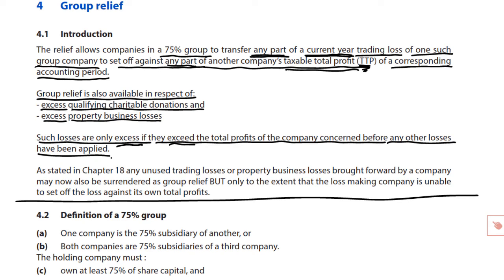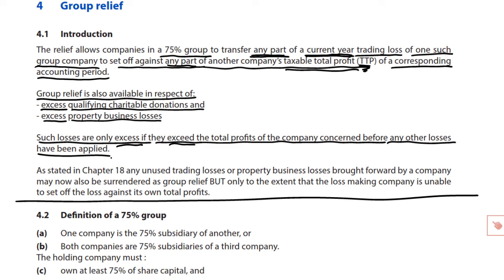What you have is the situation where the total profit figure before any other loss relief has been applied is less than either the qualifying charitable donations to be deducted from it, or the property business loss, in which case you have an excess qualifying charitable donation or an excess property business loss.